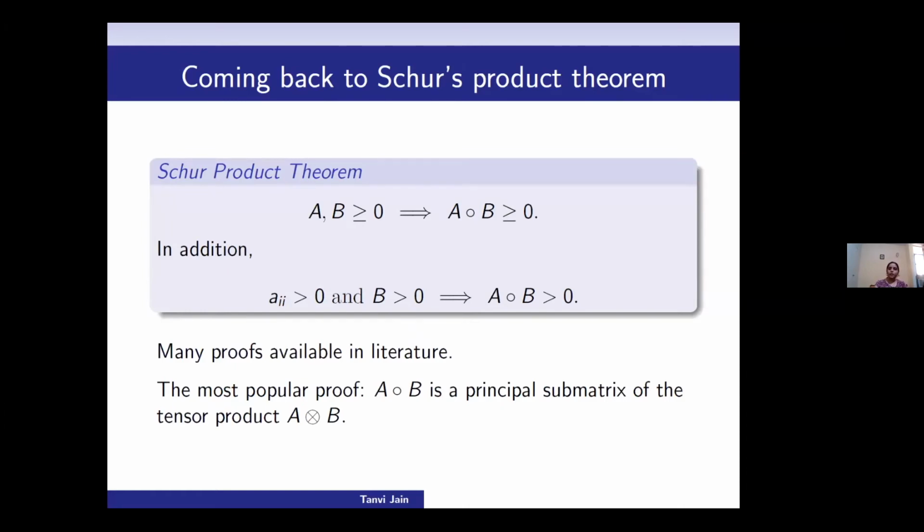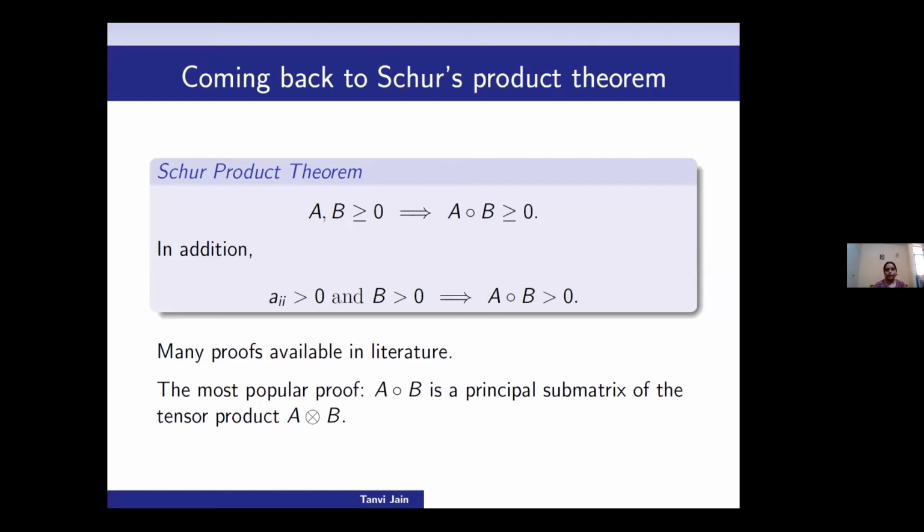One of the most standard proofs is a one-line proof. Those who know tensor products will understand. The Hadamard product of A and B, A∘B, is a principal submatrix of A⊗B.